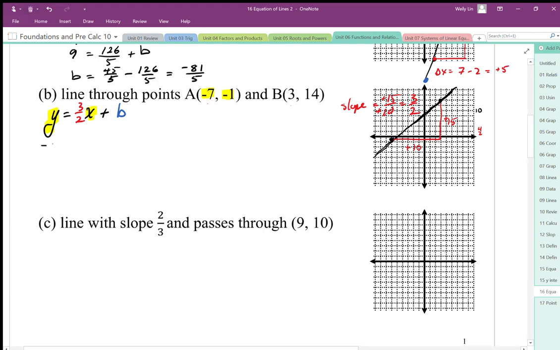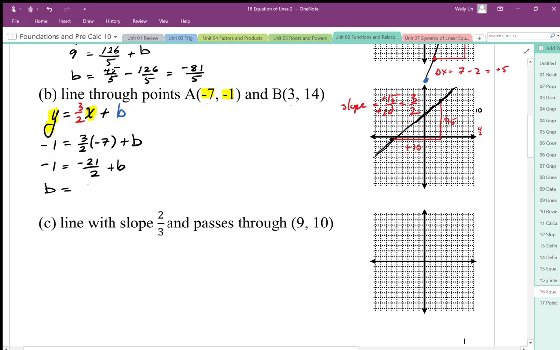So I'm going to go ahead and do that. And this can be done in any situation. Okay, and in this situation, it happens to help us solve for b because it leaves us just with b in the equation. So working this out, I get -1 equals -21 over 2 plus b.